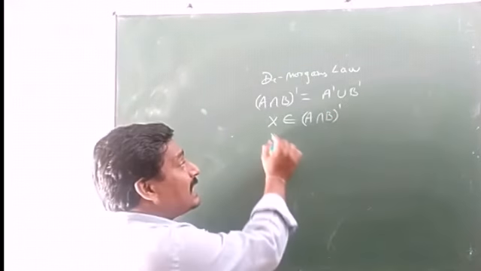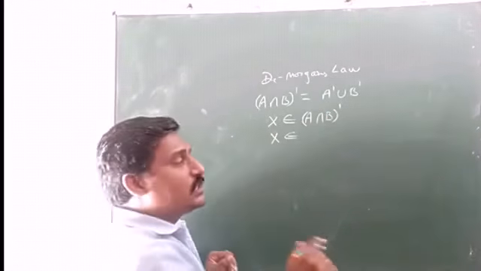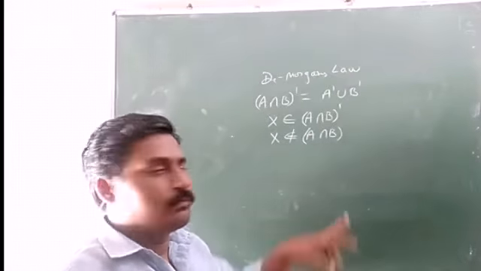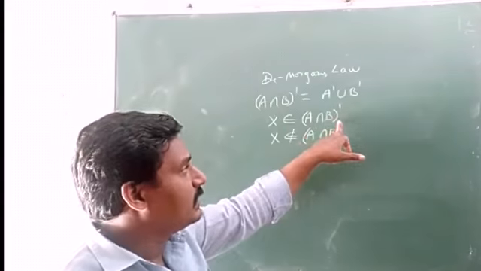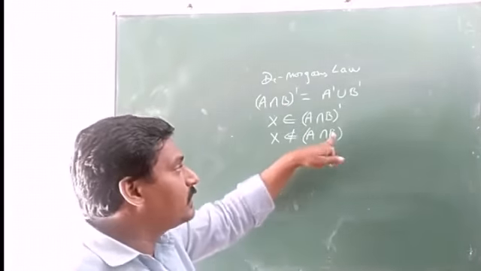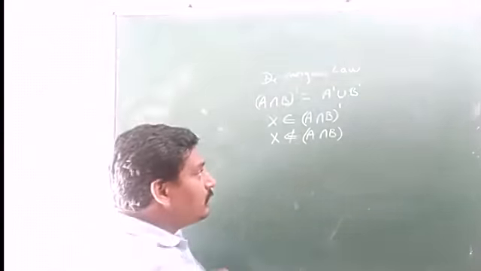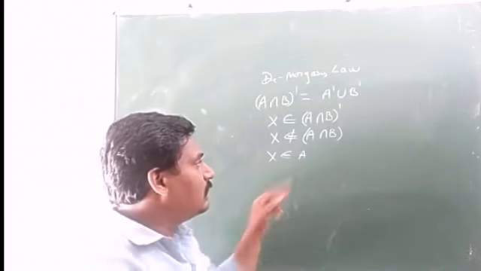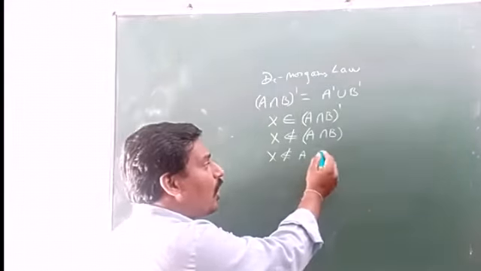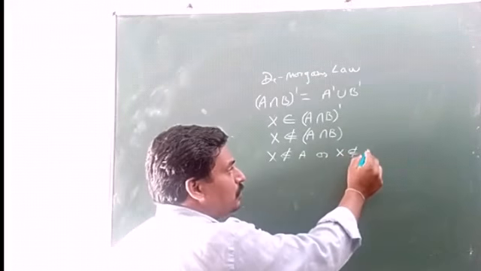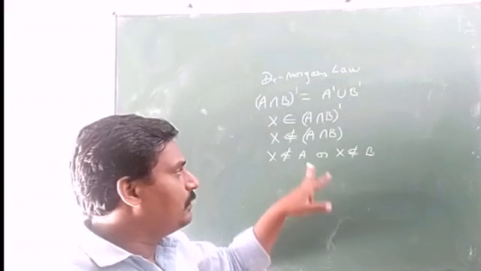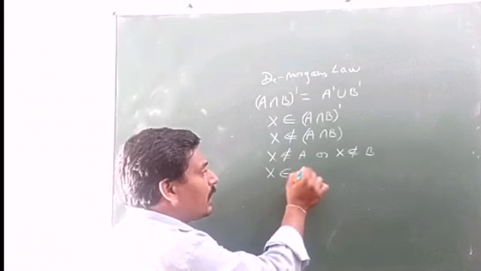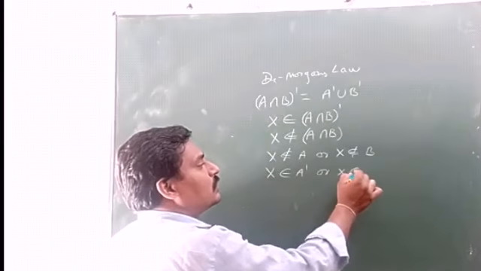That means X is not a part of A intersection B. If X belongs to (A intersection B)', it does not belong to A intersection B. Then X does not belong to A, or X does not belong to B. That means X belongs to A' or X belongs to B'.